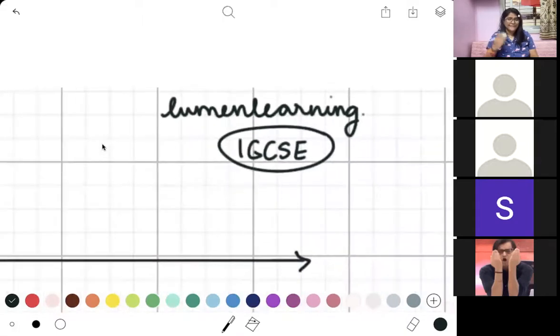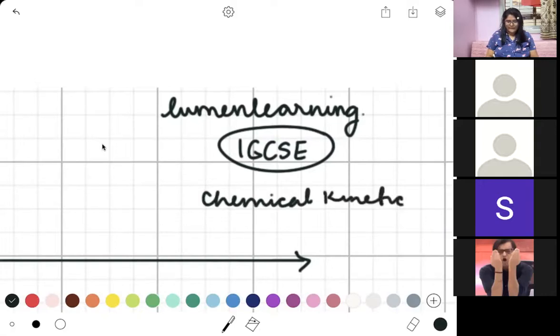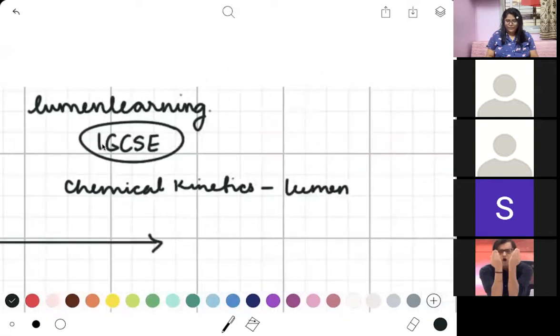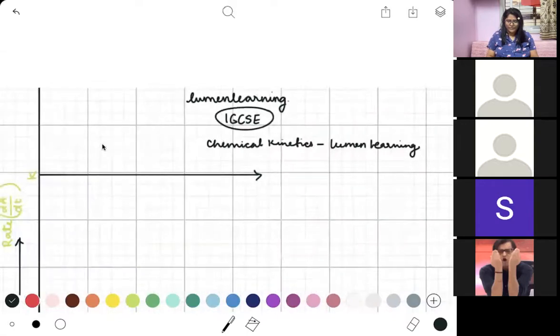So write chemical kinetics, then Lumen Learning, and what you would get is a more sophisticated way of noting down the things. Most of my notes follow the pattern from Lumen Learning. So you could just refer to Lumen Learning and see if you understand that. If it doesn't help, I'll share more resources with you.